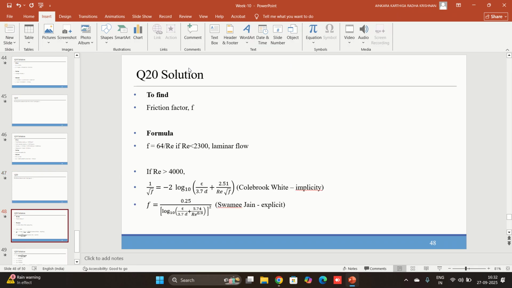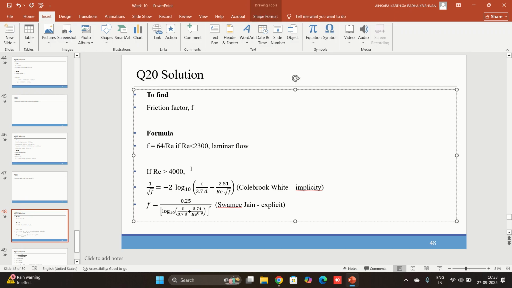So how do we do it? It is similar to the last problem actually, nothing new over here. To calculate the friction factor, f is equal to 64 by Re if laminar flow, and if Re is greater than 1000, that is turbulent flow. So we have 1 by square root of f is equal to minus 2 times log 10 of epsilon by 3.70 d plus 2.51 by Re square root of f.